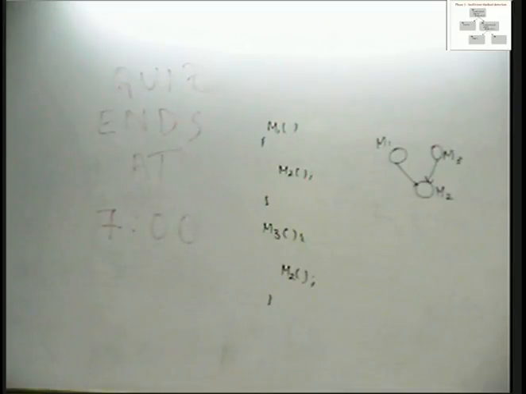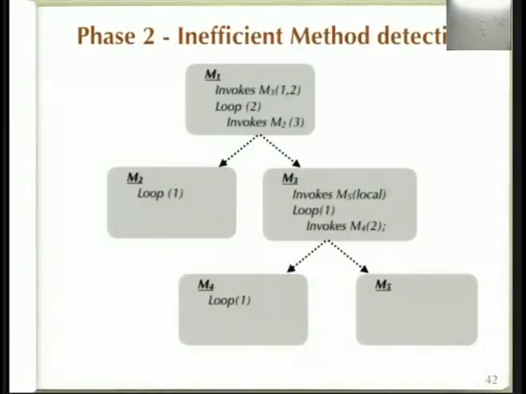So for example, we are given a call graph which looks like this. So forget about the summary that I have annotated with each node. So m1 is going to call m2, m1 is going to call m3, m3 calls m4 and m5. Okay, and I have just annotated some summary with each node in this call graph.